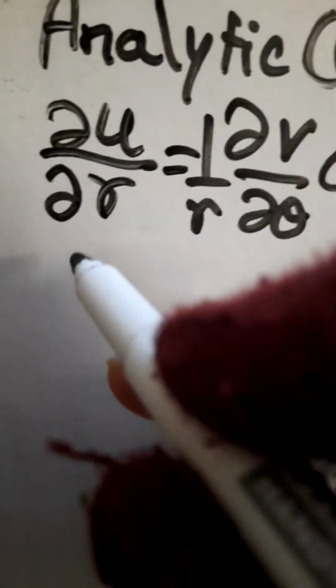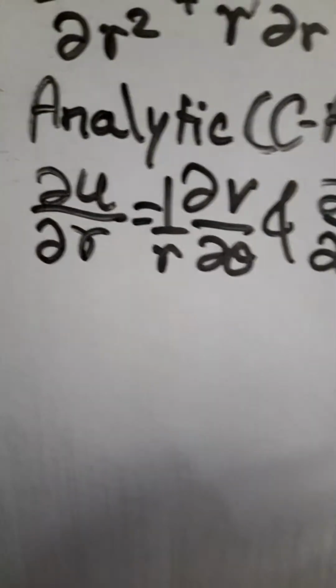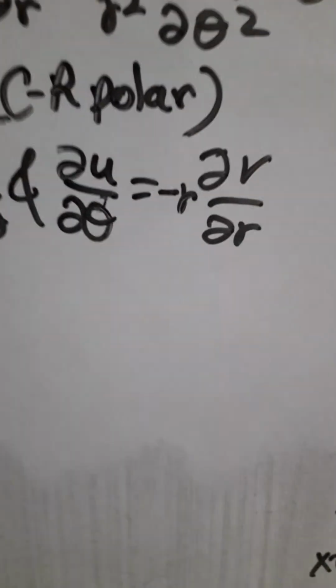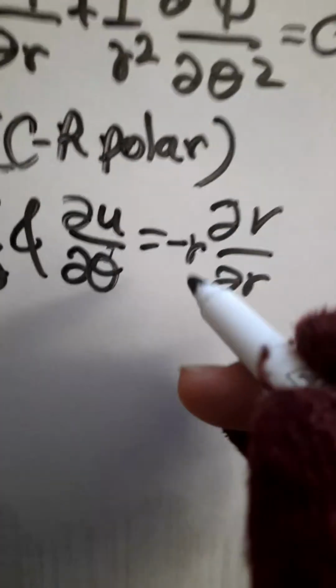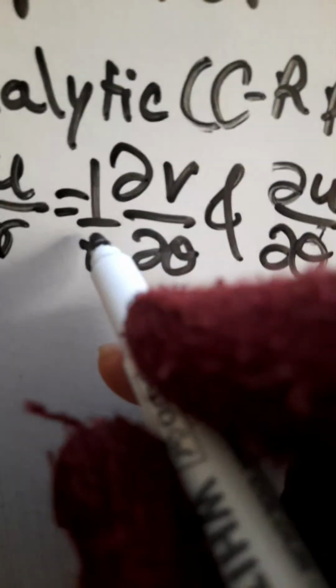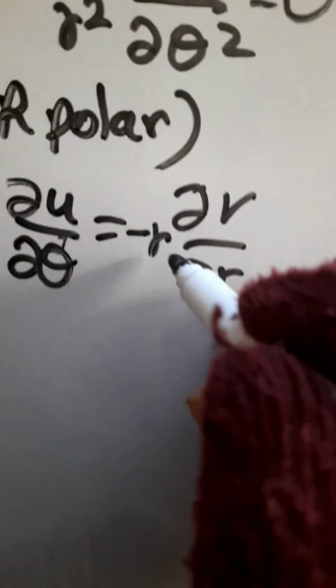Now we exchange the derivatives with respect to the denominators. When we did this, it became the opposite. To balance that, we put the opposite sign, minus. Here it was plus, I did minus, and since there was 1 by r, we also did the opposite of 1 by r, which is r.